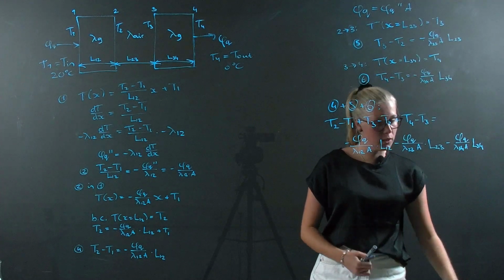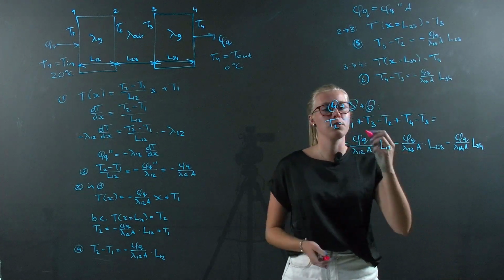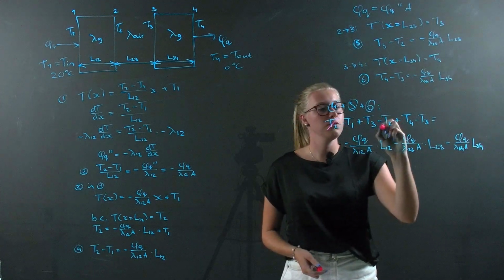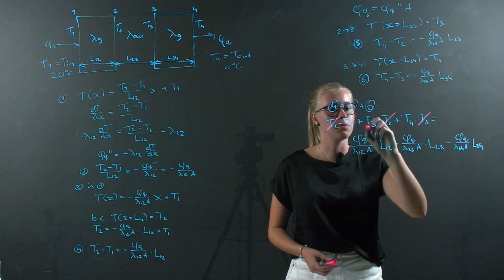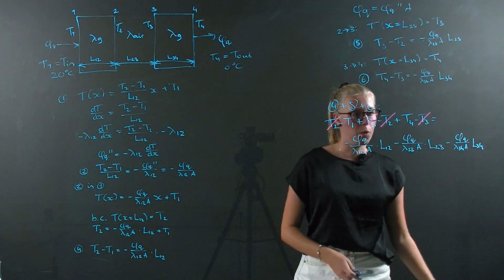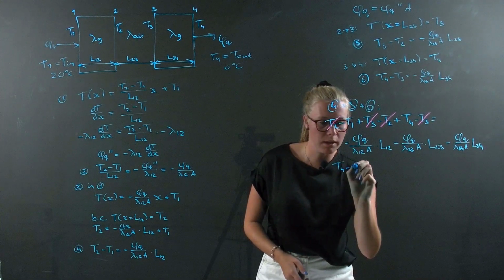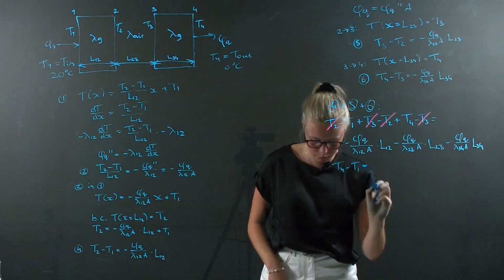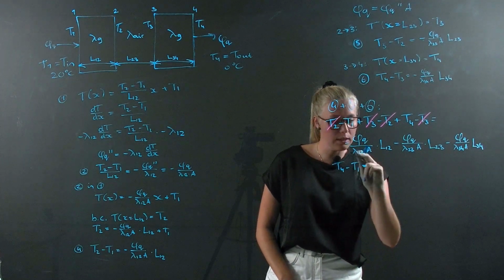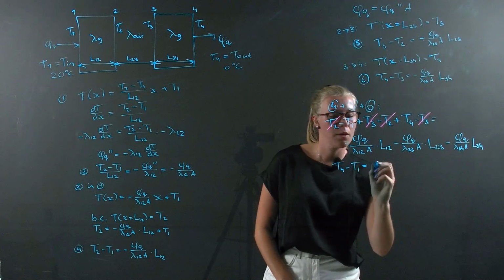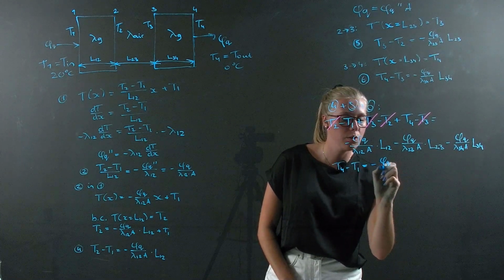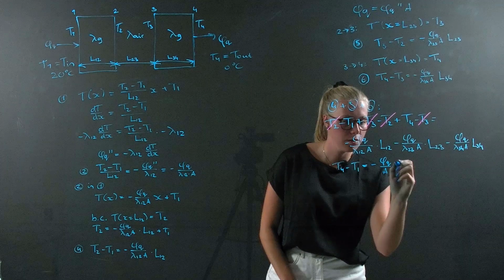And we know that these terms cancel each other out, T2 and T3. So when we rewrite this equation, we find that T4 minus T1 is equal to all these terms, but we also take minus Φq over A out.